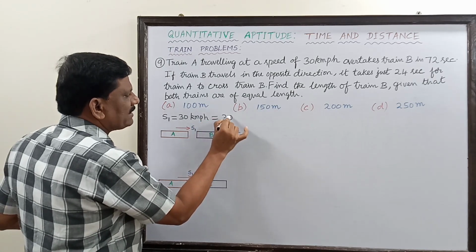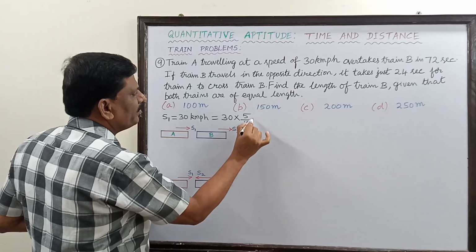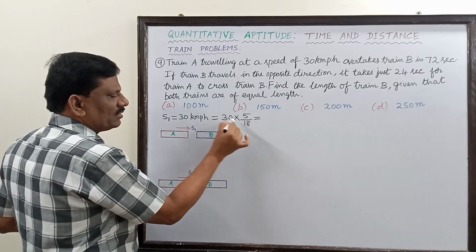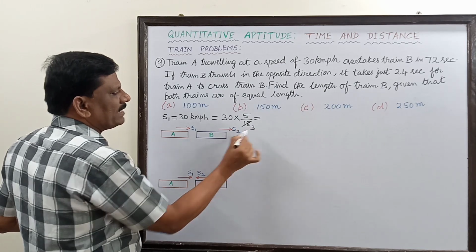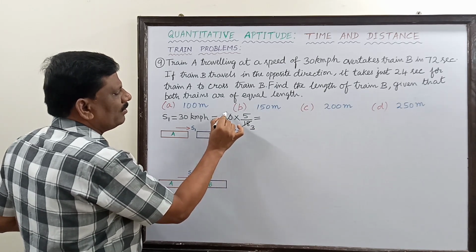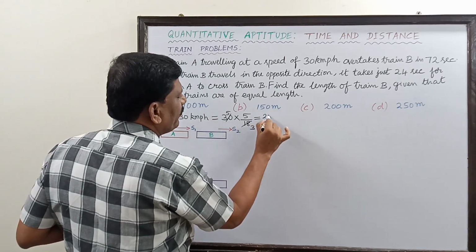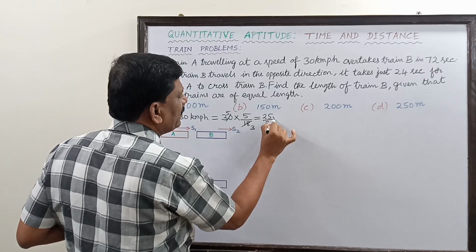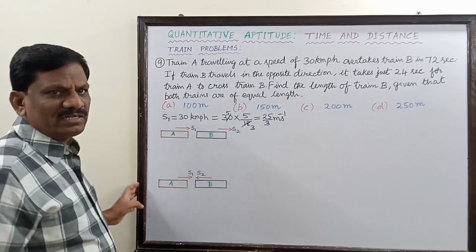In meters per second it is 30 into 5 by 18 meters per second, which is 25 by 3 meters per second. That is the speed of the first train.